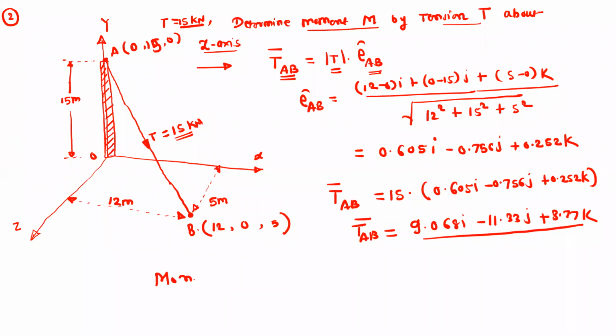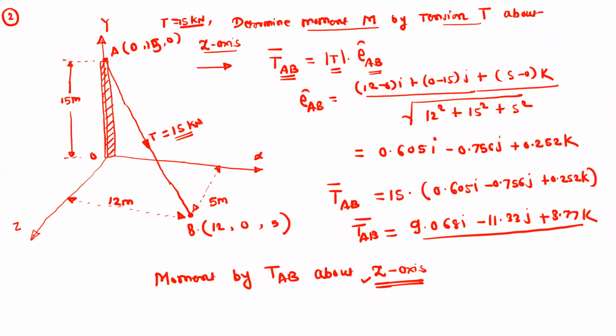So the moment by the tension AB about the Z axis. In the last problem, the line was given, so we calculated the unit vector along that line. Similarly here, we have to find the unit vector along the Z direction.